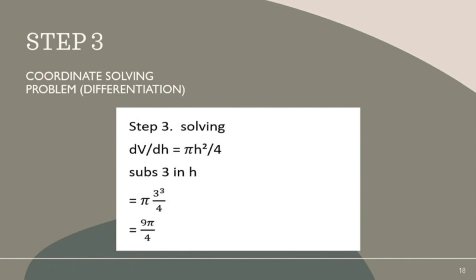The point is, there will not be more than 3 variables for this kind of question, just V, H and T. So based on that, there is no dH over dr or dV over dr. Then don't forget to substitute 3 for H after differentiating to get the answer. This leaves the answer in terms of pi.